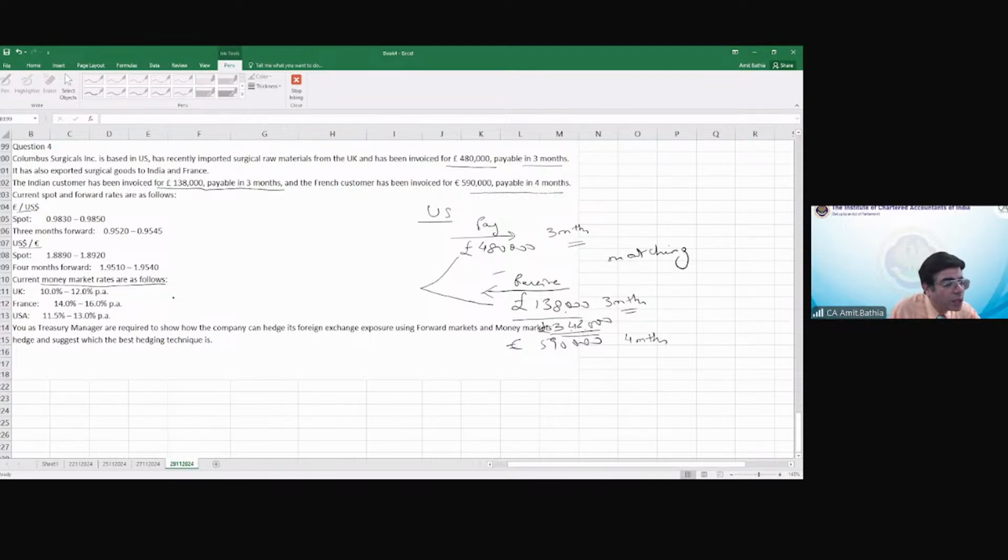Okay. So now we are supposed to book this at which forward rate? What is the rate I should book at? Let us start with option 1.